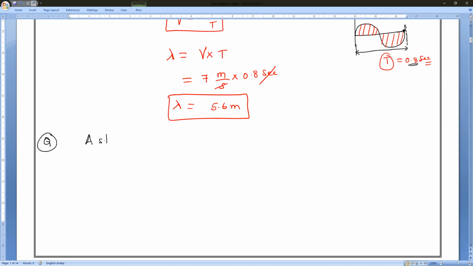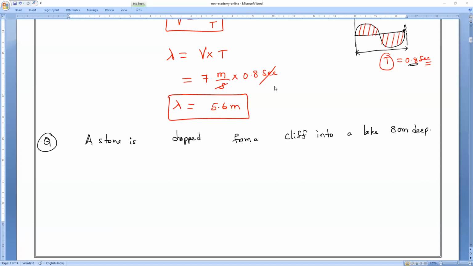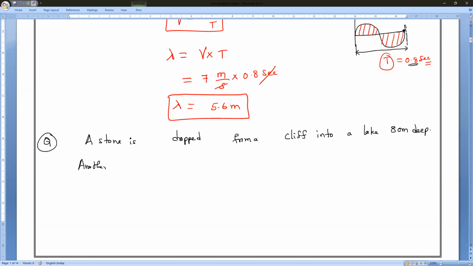Next question. A stone is dropped from a cliff. Cliff means mountain.